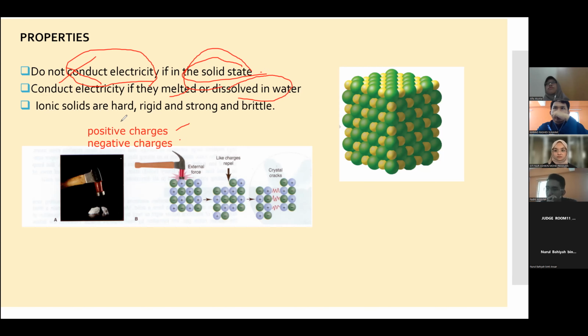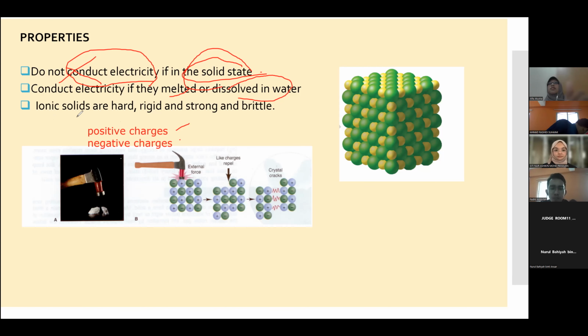So if someone says that an ionic solid can conduct electricity, that is not the end of the statement, because we have to continue: it can conduct electricity if it is melted or dissolved in water, but cannot conduct electricity in the solid state.